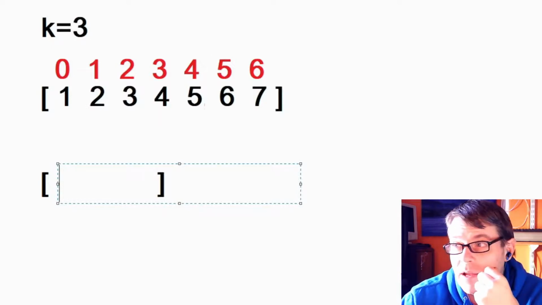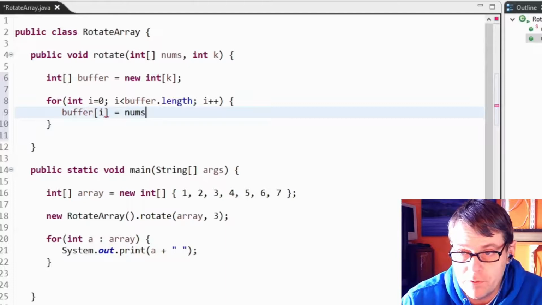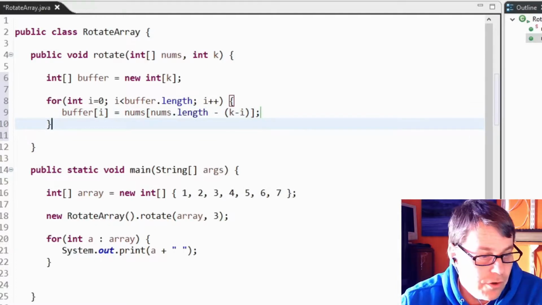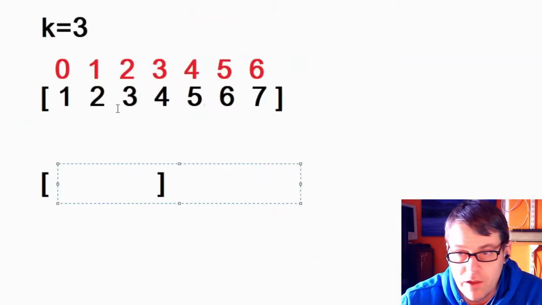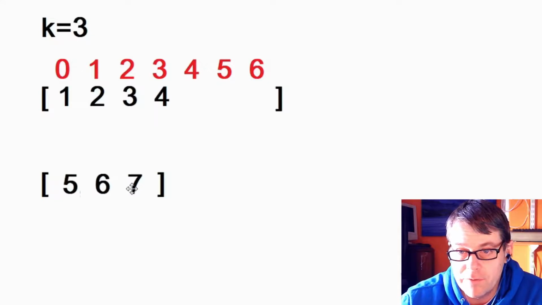So I'm going to say buffer i equals nums at nums length minus k plus i. So the first time we're going to move the value at index 4 and then 5 and then 6 into our buffer.